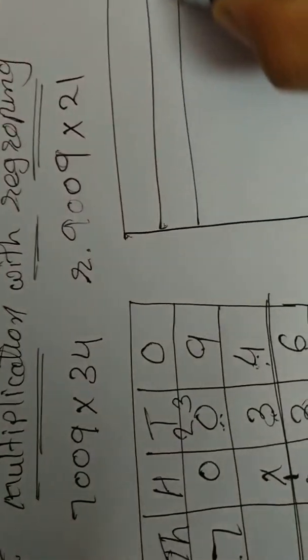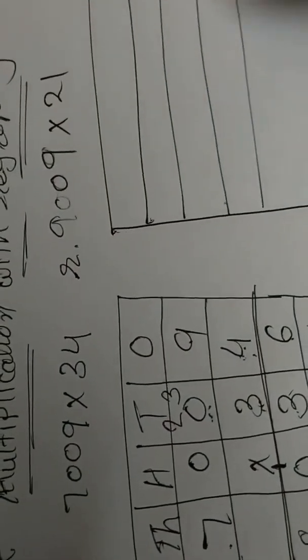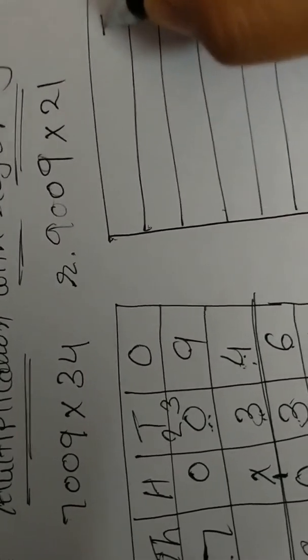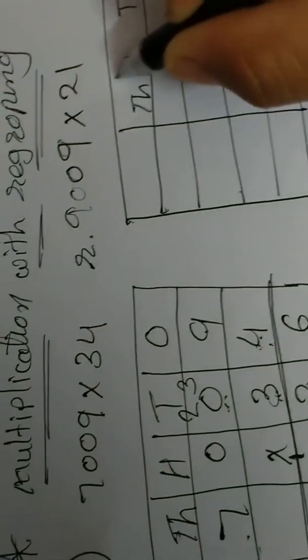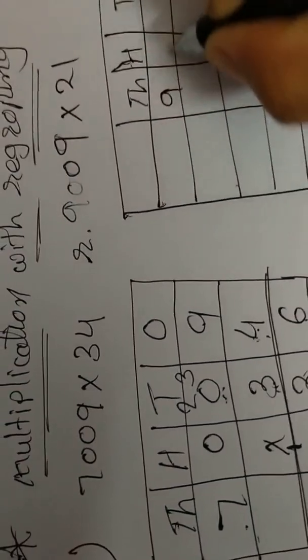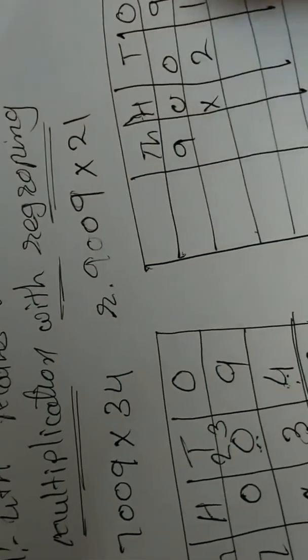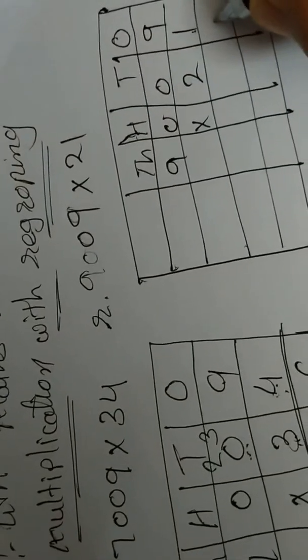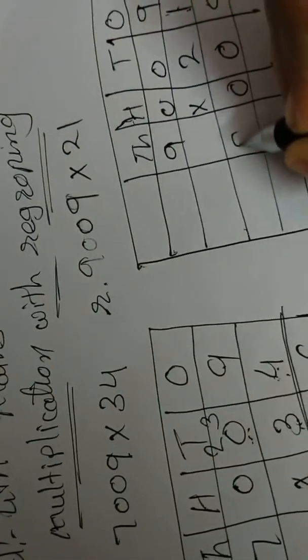Then we have to write here ones, tens, hundreds and thousands. Write here 9,909 multiplied by 21. 1 nine is 9, 1 zero is 0, 1 zero is 0, 1 nine is 9.